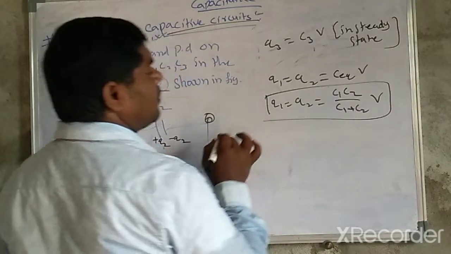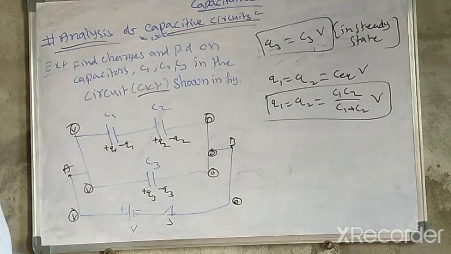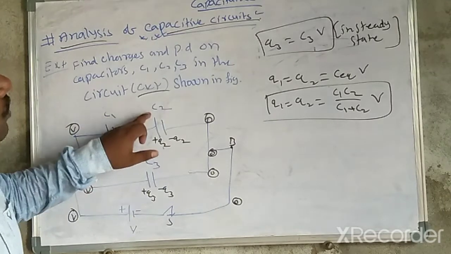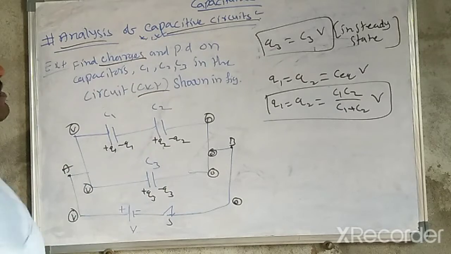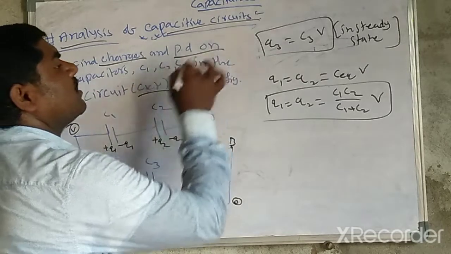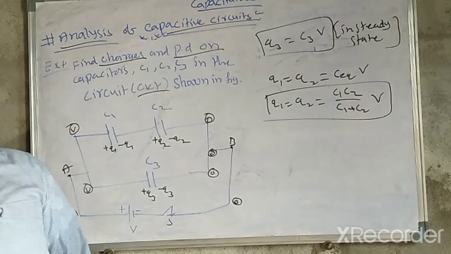You may remember this one also, very useful while doing numericals. So Q1 charge now we know, Q2 charge also we know, Q3 charge also we know. First part of this question is completed. Next they are asking the potential difference across C3.